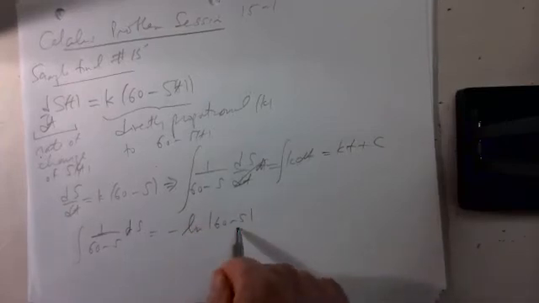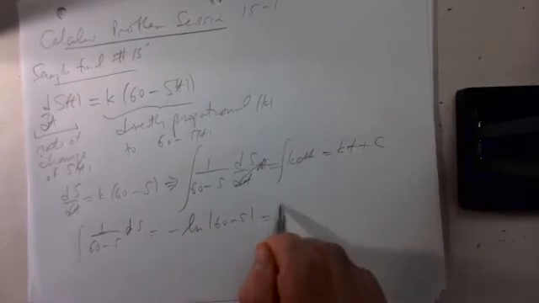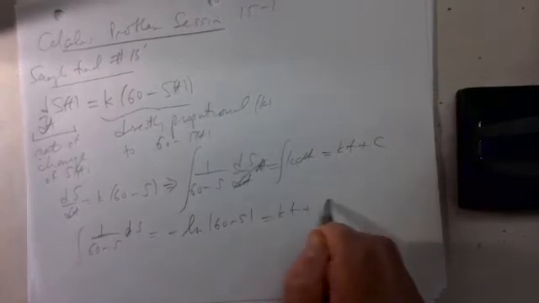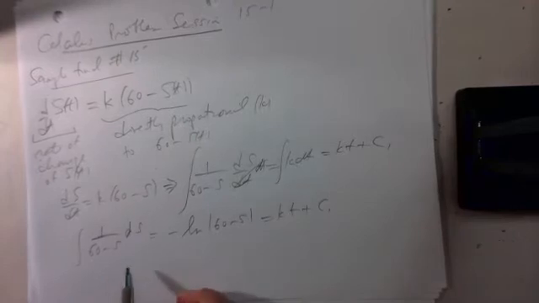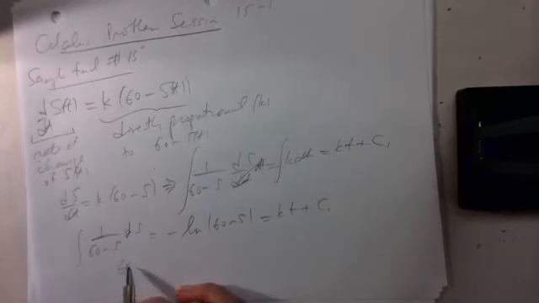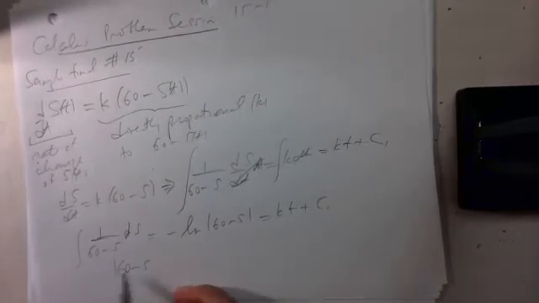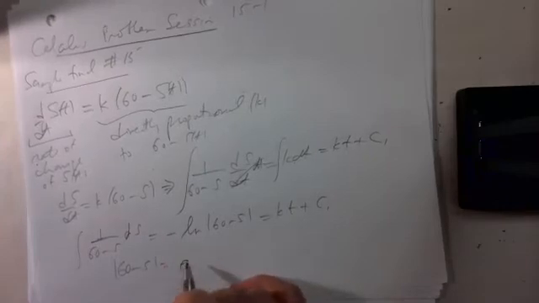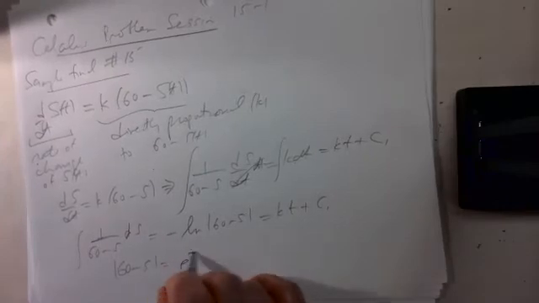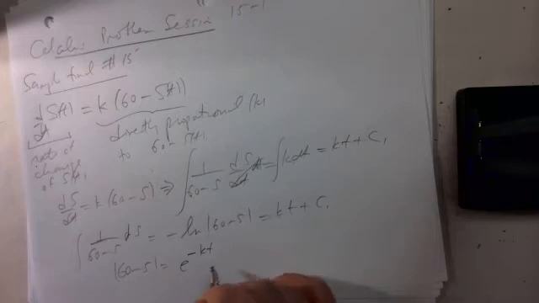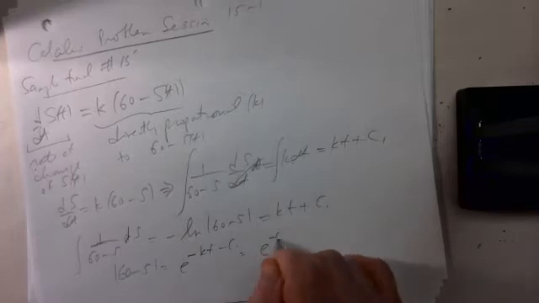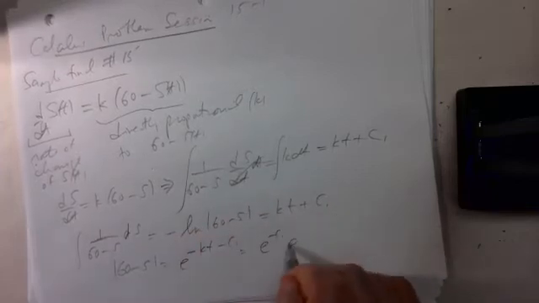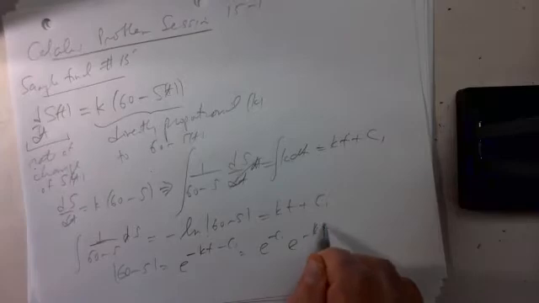So minus the log of 60 minus s is kt plus some constant, I'll call it c1, which means 60 minus s is e to the minus kt minus c1, or e to the minus c1 times e to the minus kt.